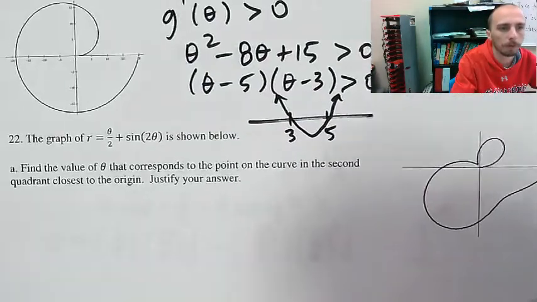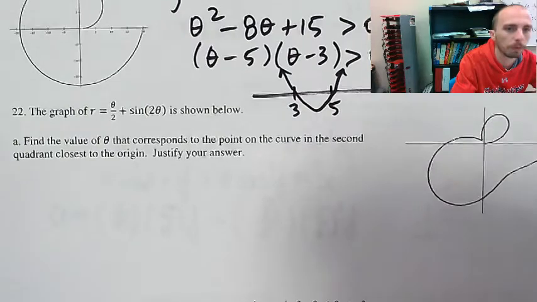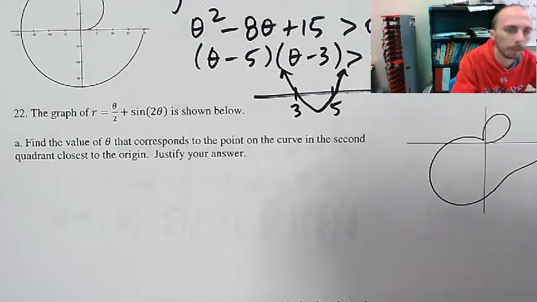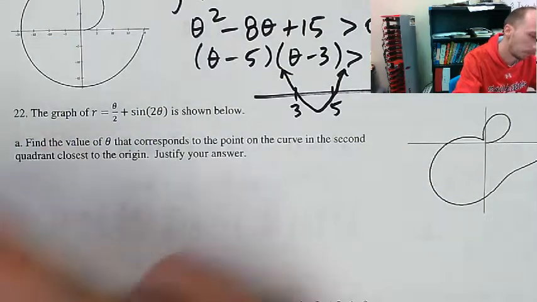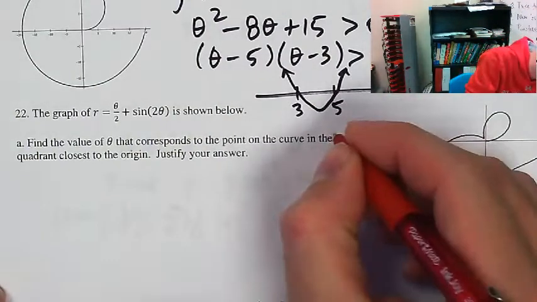All right, the graph of r equals 1/2 theta plus sine of 2 theta is shown below. Find the value of theta that corresponds to the point on the curve in the second quadrant closest to the origin. Justify my answer. All right, so second quadrant, that's a restriction on the domain, right? That's a closed interval.